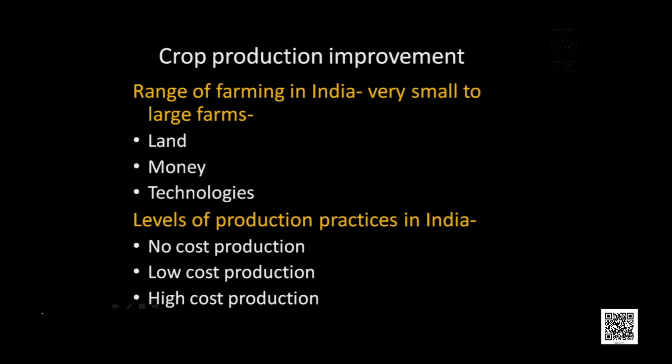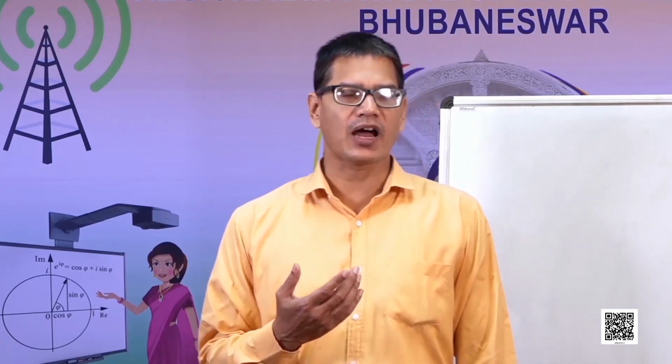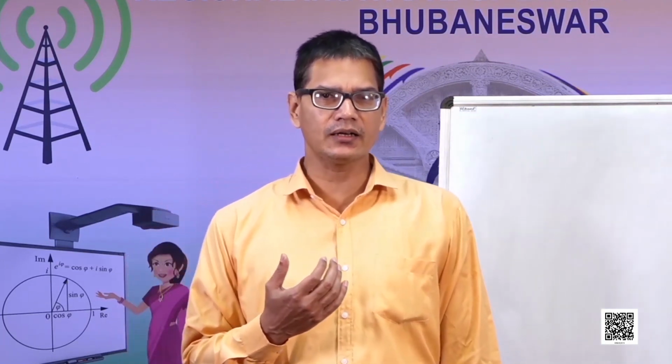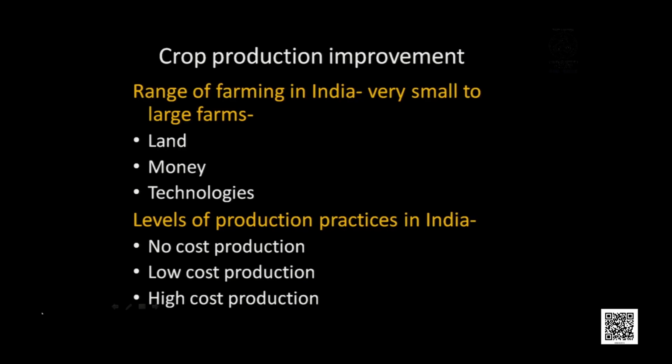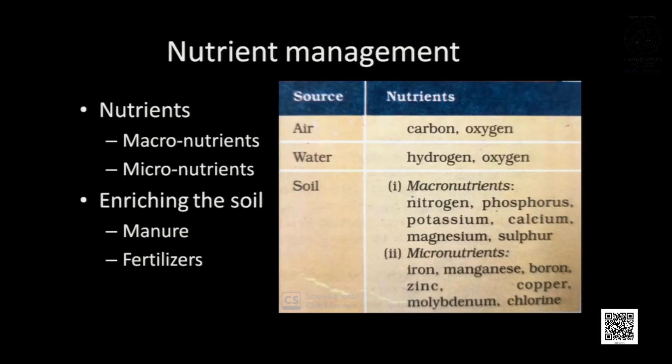Some farmers utilize very little money, whereas some use huge money. Similarly, some farmers use traditional technologies, whereas some use modern technologies. Based on that, levels of production practices in India can be classified as no cost production, low cost production, and high cost production.